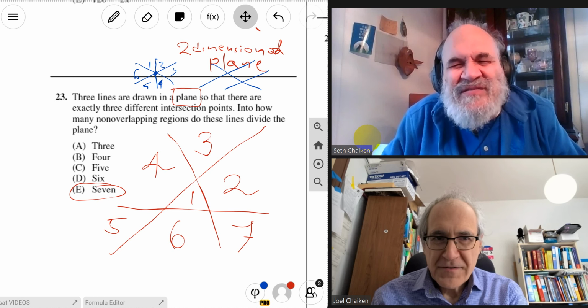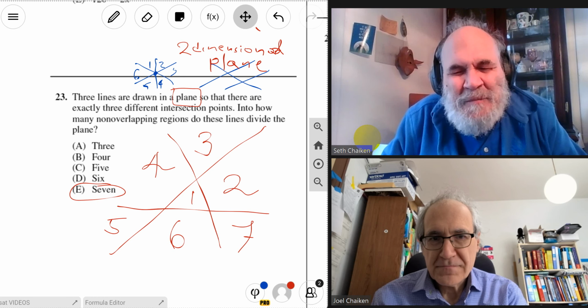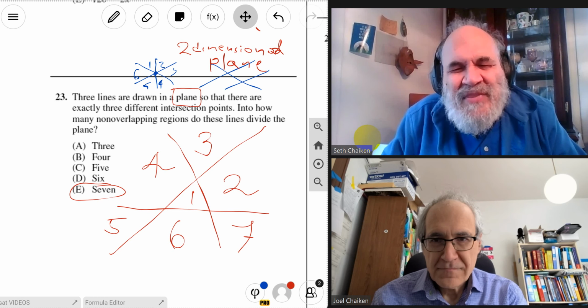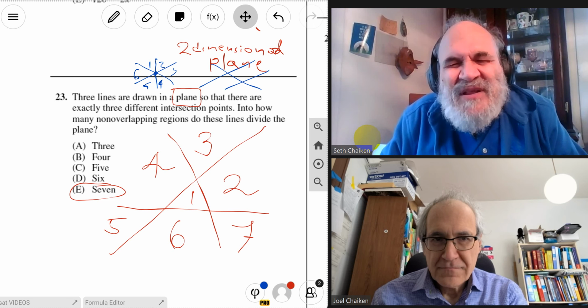It crosses. So suppose you have n minus 1 lines. How many regions are added if you draw an extra line that crosses every one of the n minus 1 old lines? Well, how many lines does it cross? N minus 1.